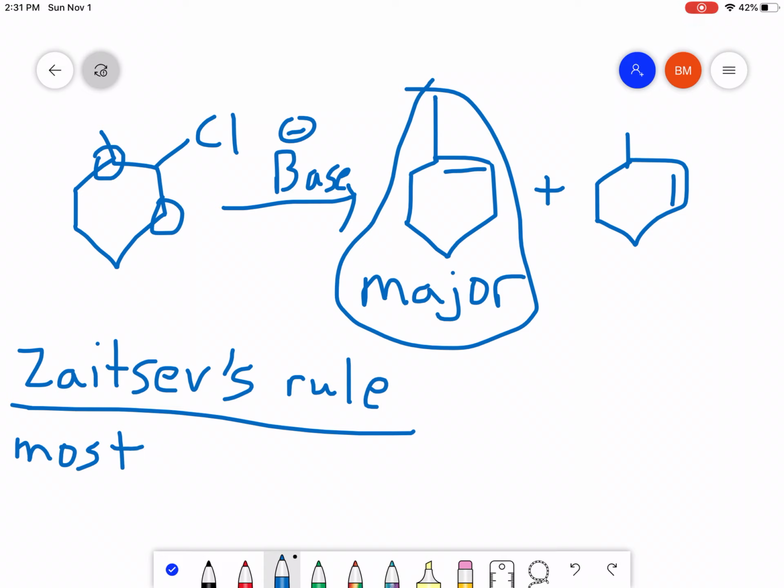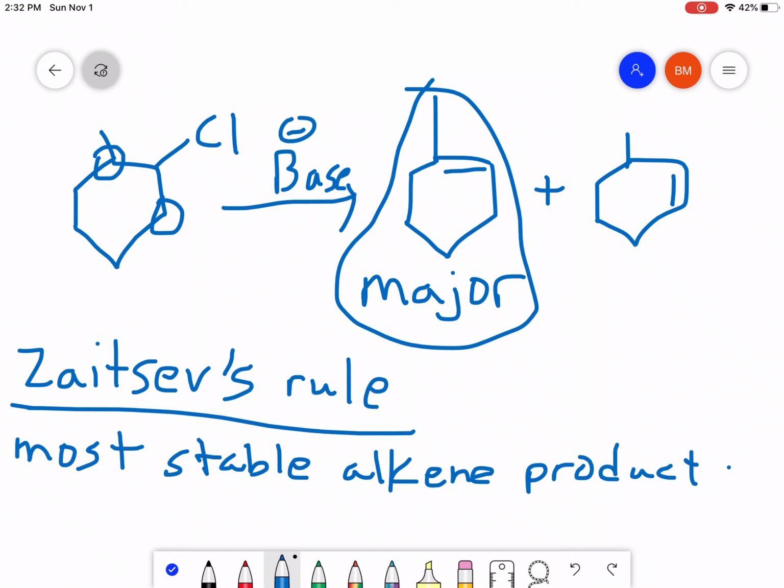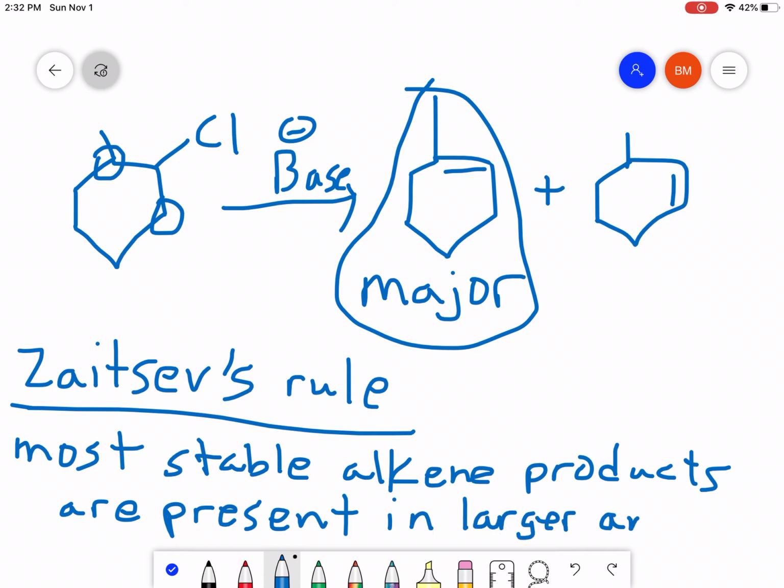Basically what Zaitsev's rule says in a nutshell is that the most stable alkene products in a given reaction are going to be present in larger amounts. In other words, they're going to be your major products.